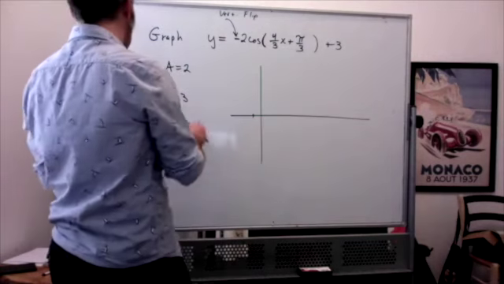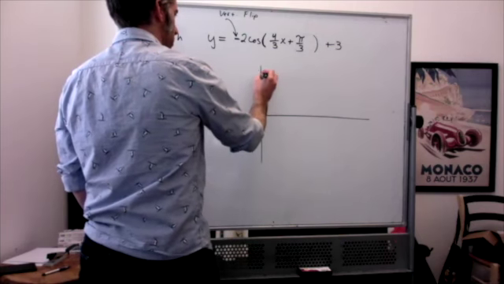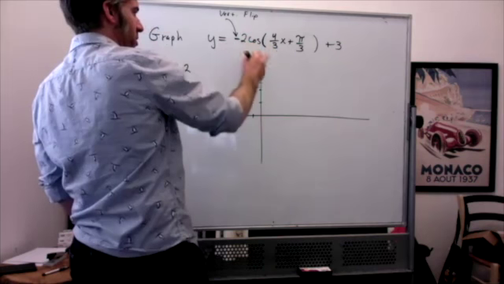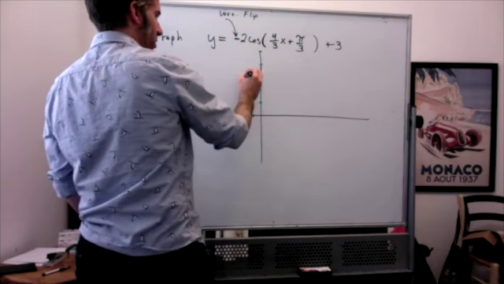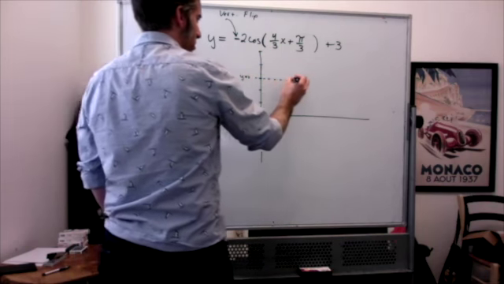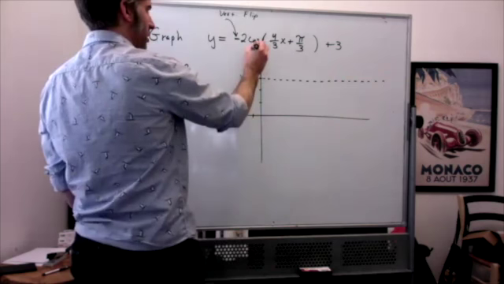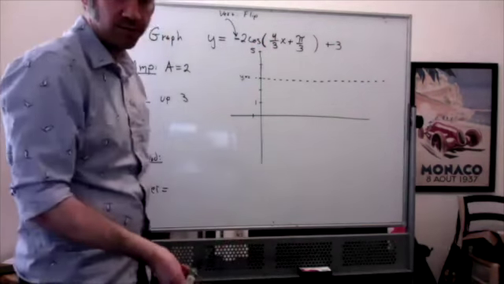And our vertical shift is going to be up 3. And then our amplitude is going to be 2. So from y equals 3, we're going to go as high as 2 above, as low as 2 below.